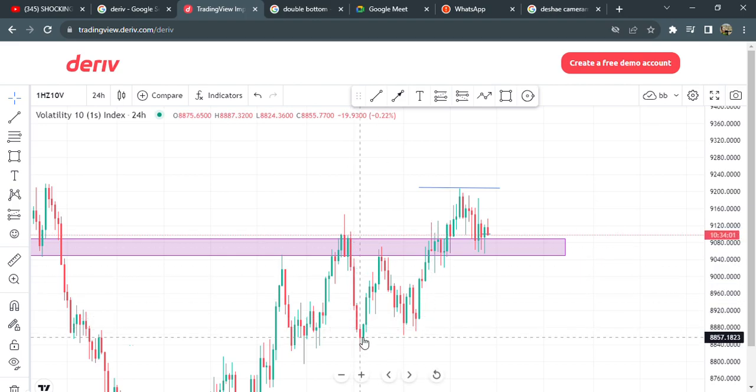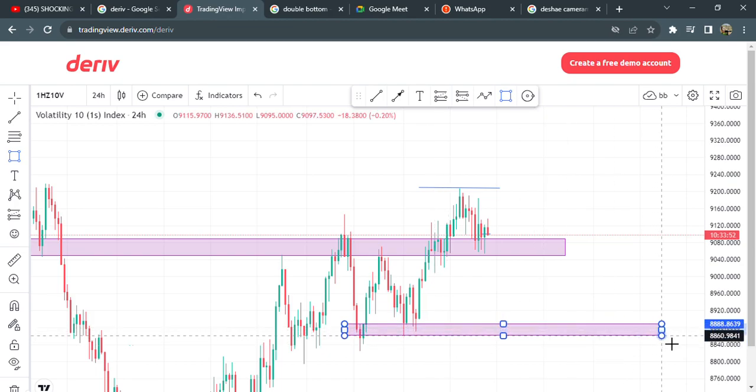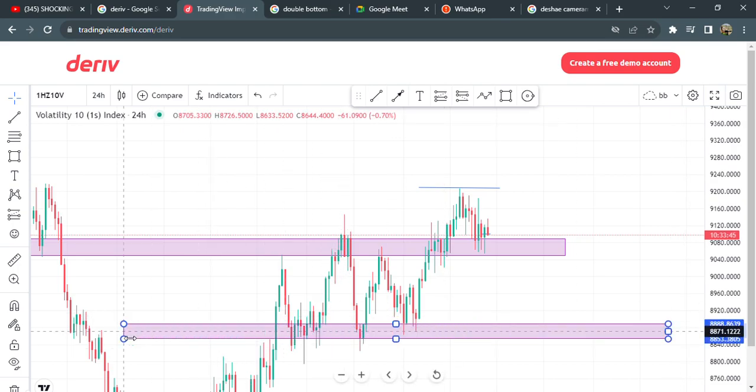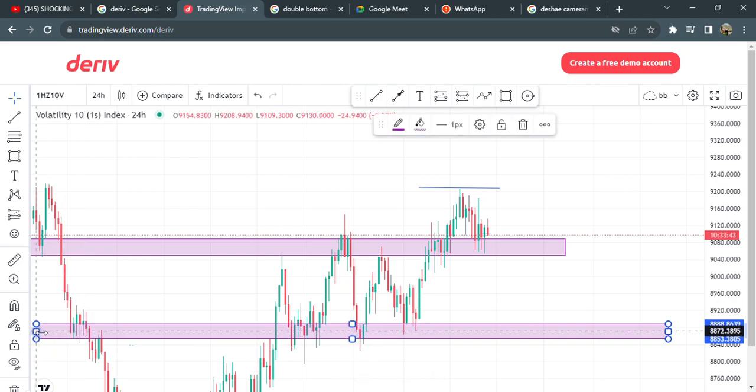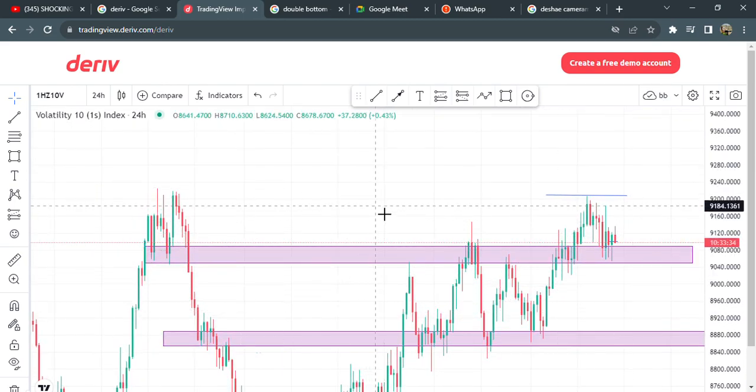Also we mark the opposite candle, which now will be our demand zone. So our demand zone, I can pull this onto the side, no problem.